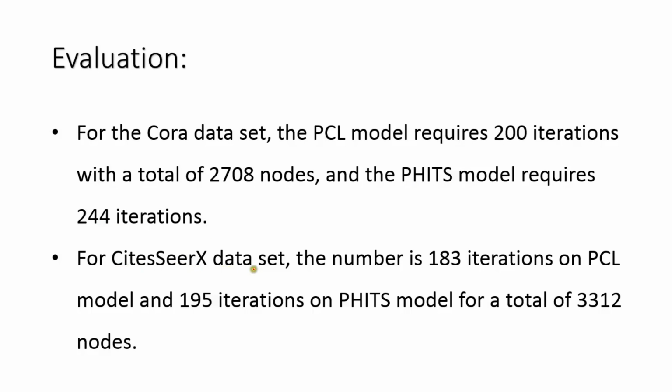For the CiteSeerX dataset, the number is 183 iterations for the PCL model and 195 iterations for the PHITS model. More iterations means more time and more energy consumed for the calculation process. So in this sense, the PCL model also outweighs the PHITS model.